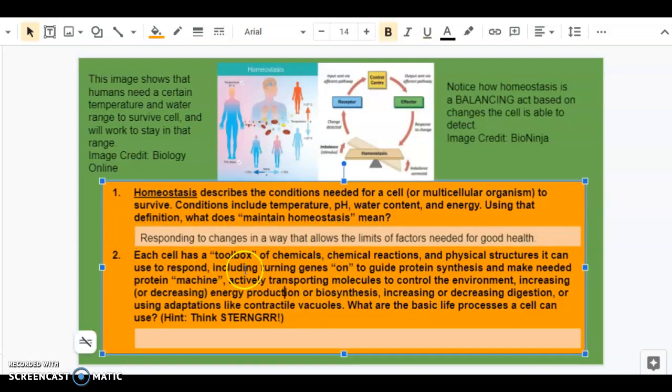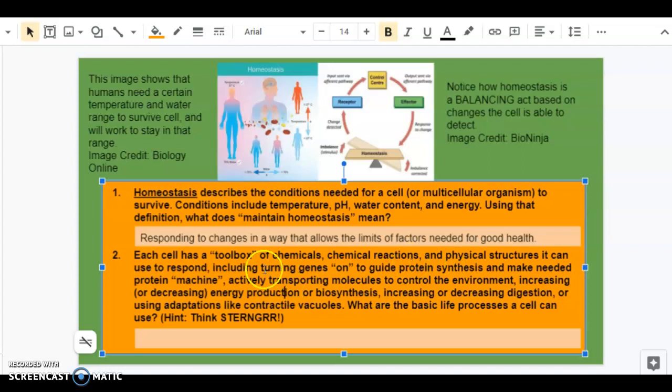Each cell, whatever kind of cell it is, has a toolbox of chemicals, chemical reactions, and physical structures that it can use to respond. Now, they'll be different depending on the different types of cell.